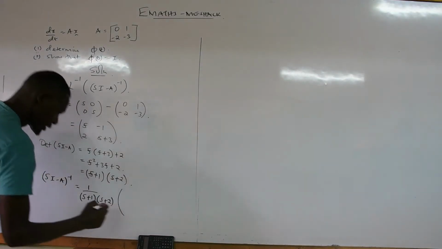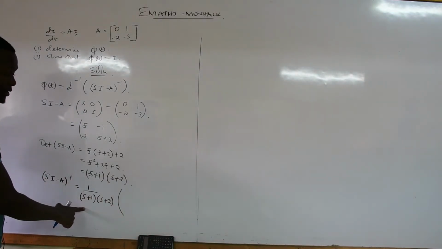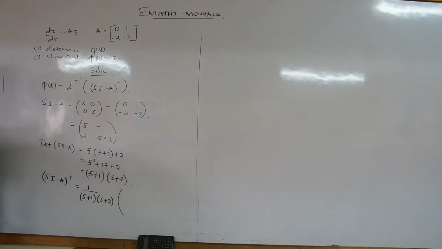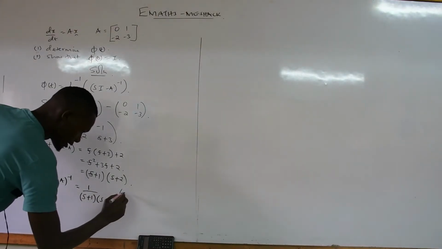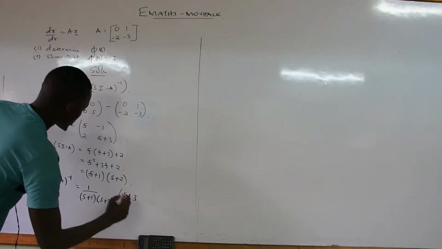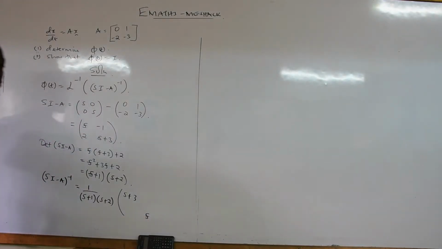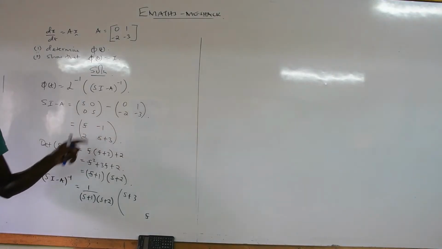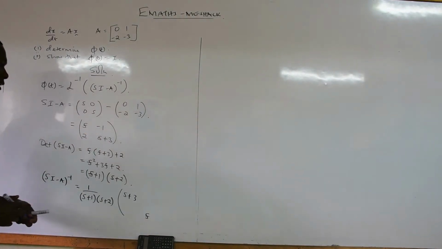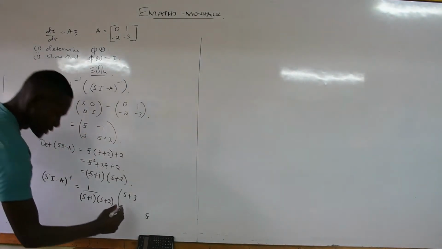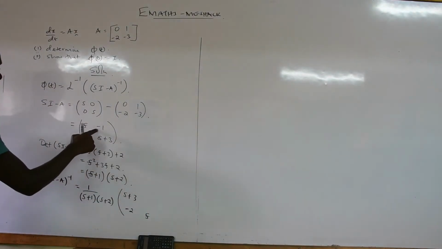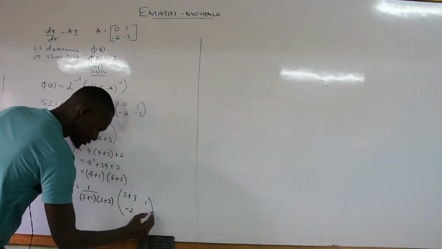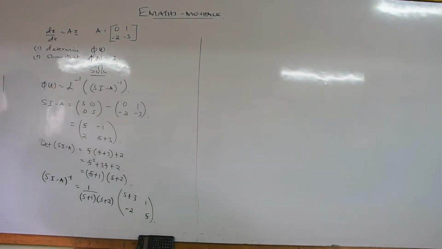Then into the bracket, interchange the values in the main diagonal, so we shall have s plus 3 and s here. Then change the sign of the values in the minor diagonal. This one is positive, it changes to negative. This one is negative, it changes to positive.